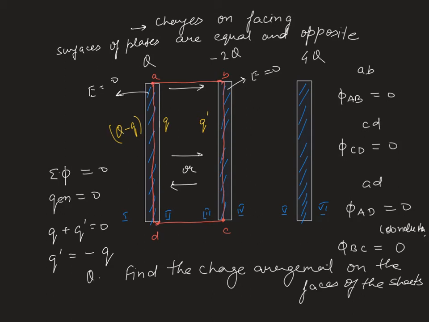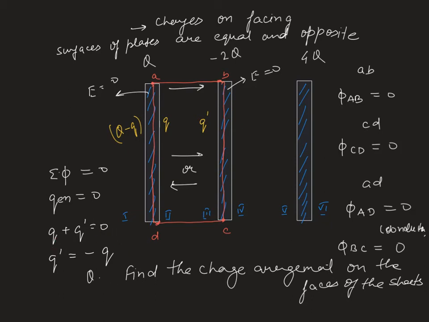So coming back to our problem, a lot of things have been written down here, so I'll change the pace soon, but I want you to focus here. So this is plus q and minus q, and inside this Gaussian surface we must know that the charge enclosed should be 0. If the charge enclosed is 0, we have q dash equal to minus q.